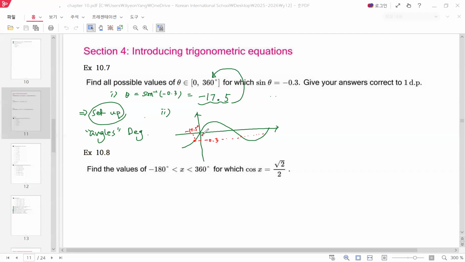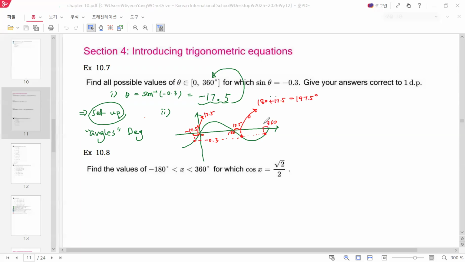As you can see, from 0 to 360, there are 2 points which satisfy negative 0.3 as the sine value. So you need to find this angle and this angle. Since this gap is 17.5, you need to use this gap. This angle is 180, therefore this angle is 180 plus 17.5, which is 197.5 degrees.